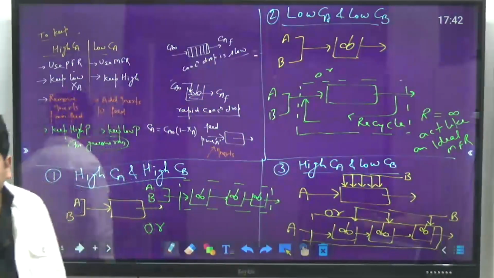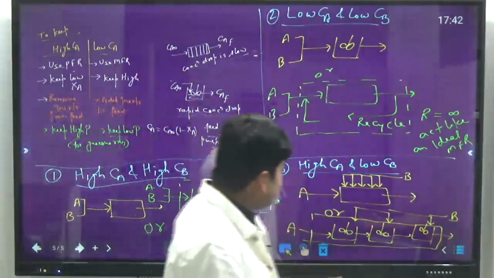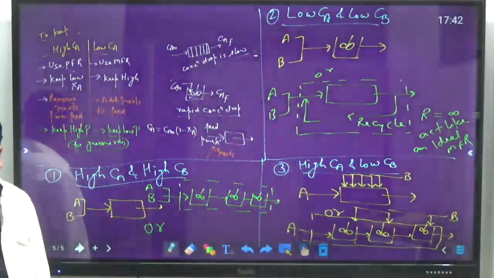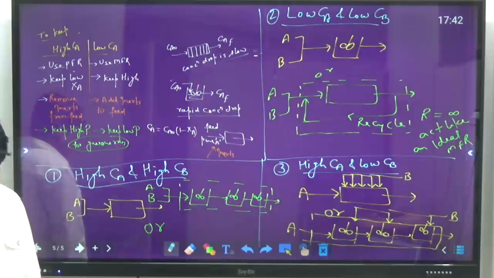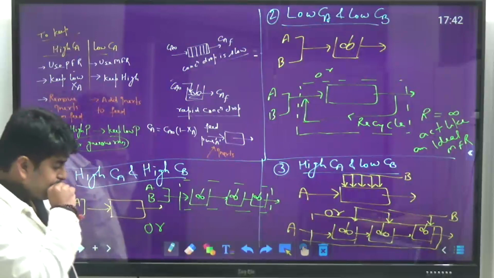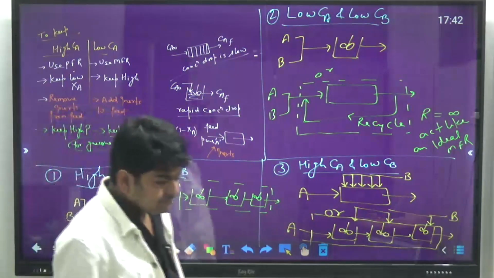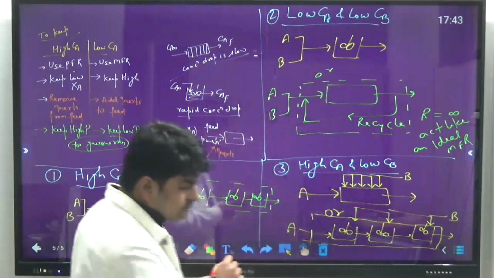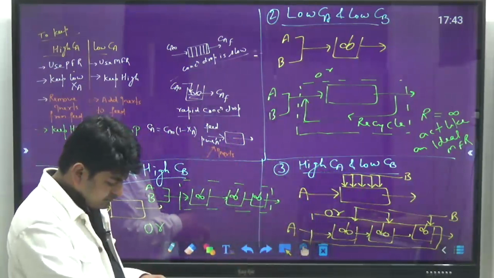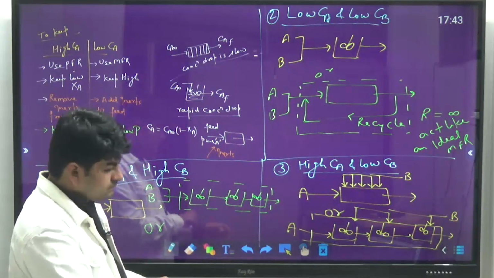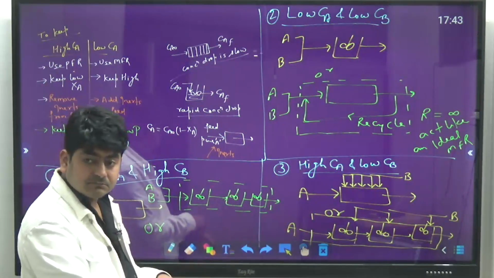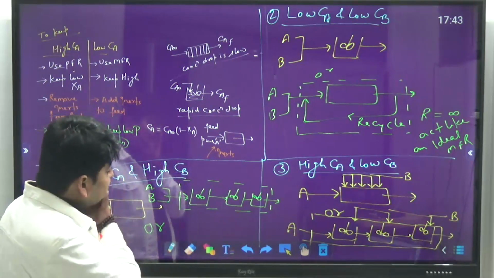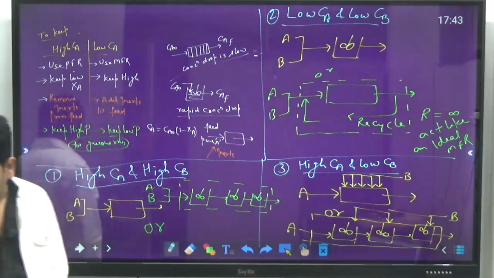So this is how we can keep high concentration and low concentration within a reactor, to keep high cell activity. I hope this is clear to all of you.